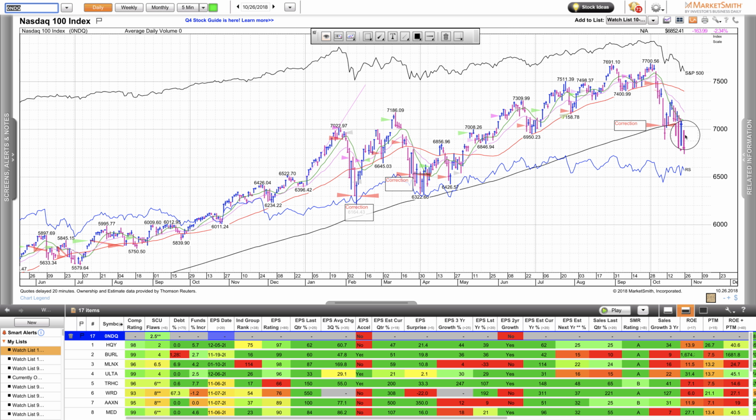So anyway, if a person exited here, they probably were kicking themselves for a couple of days. They may have got back in. You know, this was almost an uptrend resumed here. You had 4 days into a rally anyway, but then it pulled back. So the people that got out are doing well, but this has been ugly.